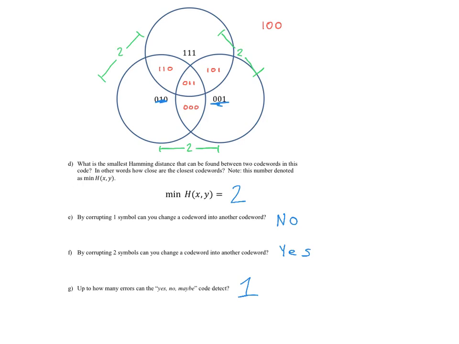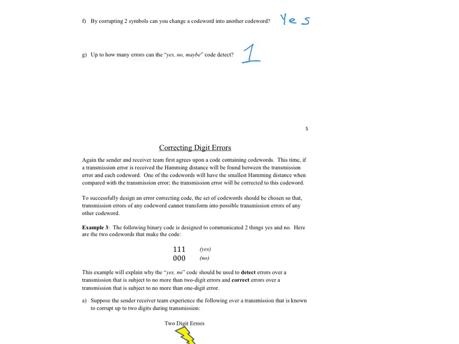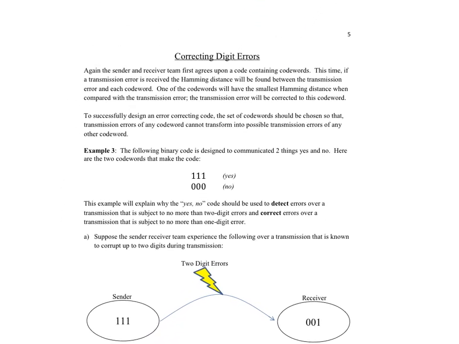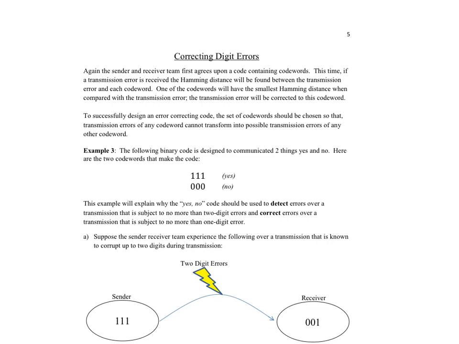All right, so next we're going to think about error correction. Again, the sender and receiver set up a situation where they have a code that they've agreed upon. So let's say this time we just have a yes/no code to give us an example of something to work with.